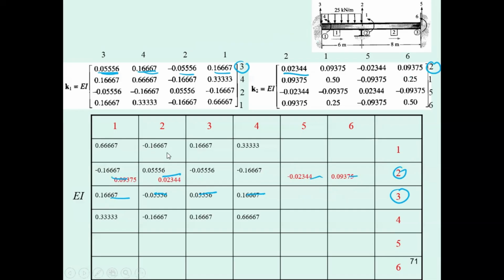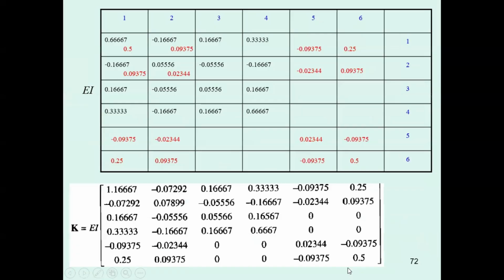Start with 2, so 2 here, and then 1, 2, 1, and then 5, and then 6. And then row number 5 over here: start with 2, 1, 5, 6. Row number 6: start with 2, 1, and then 5, and then 6. Combine them together, and beware about EI over here.